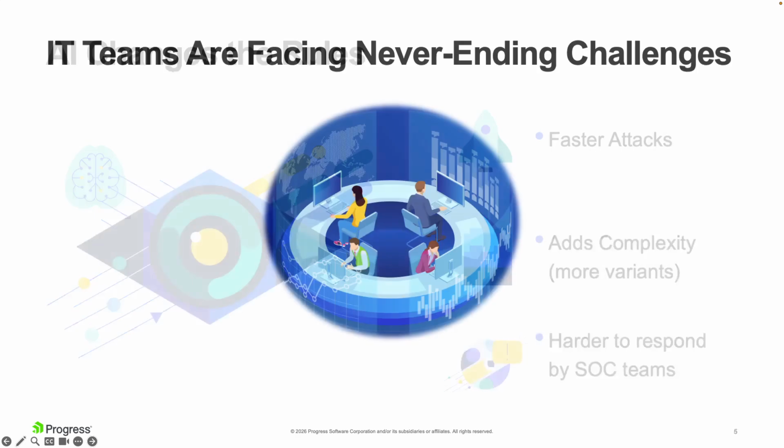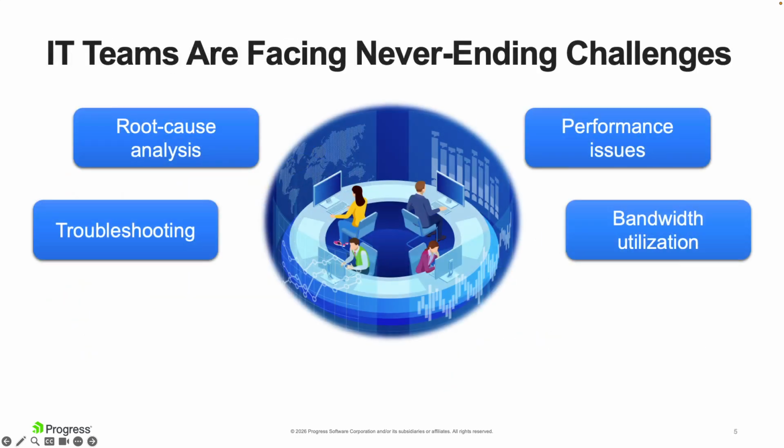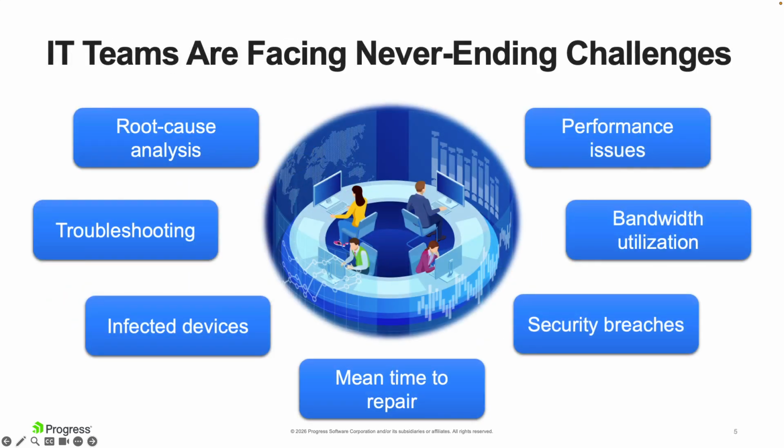So if we take an overall picture, there are a lot of never-ending challenges that IT teams and network operations teams are facing every day. Dashboard is green, users are complaining, it's just another Tuesday.